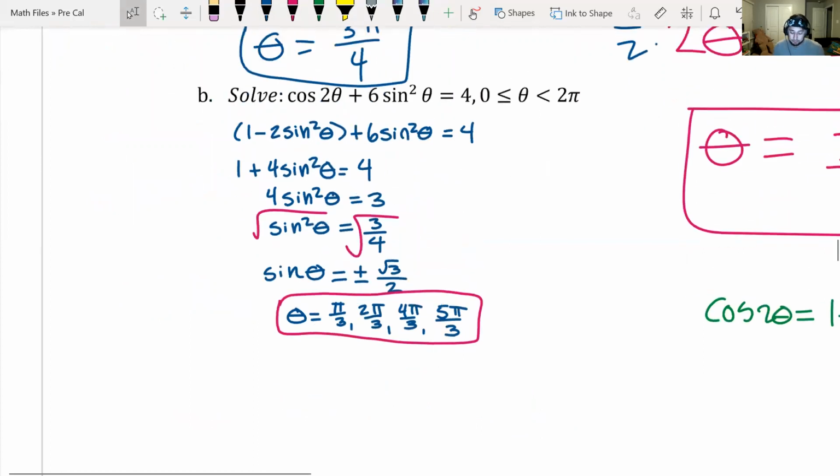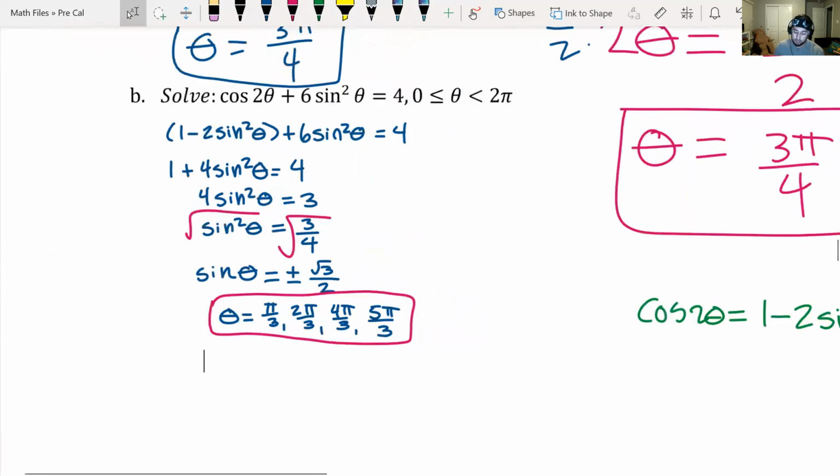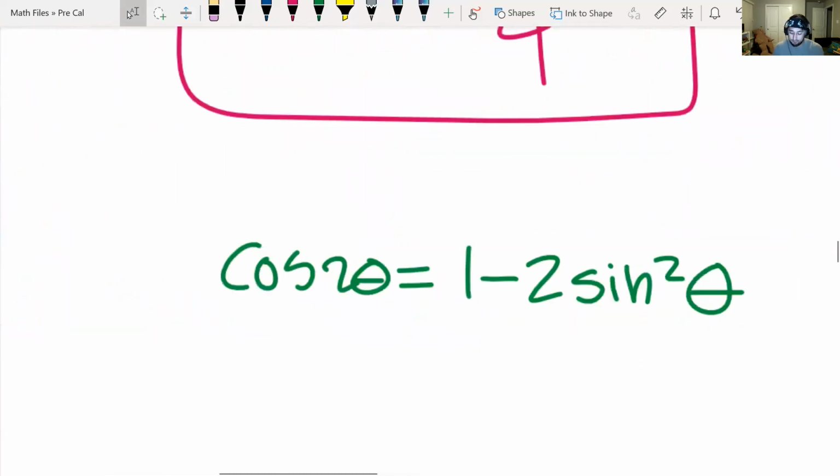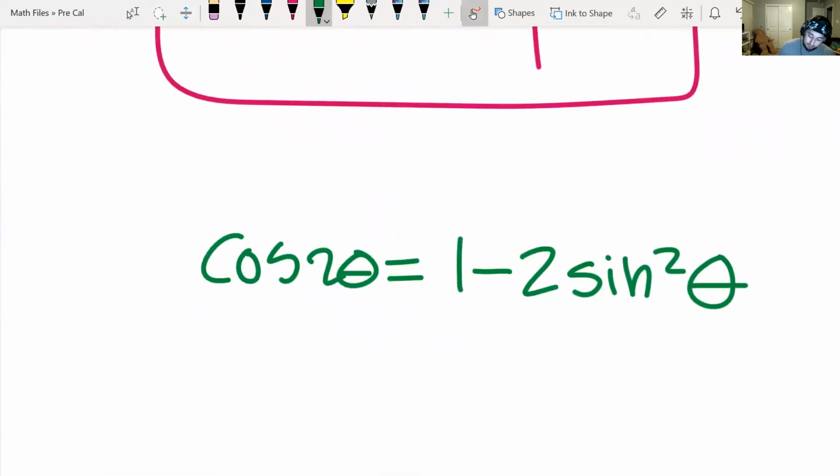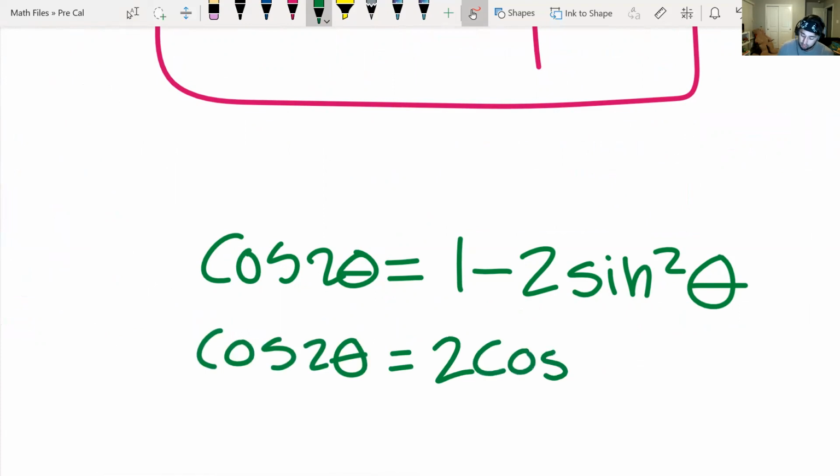All right. So that was putting it all in terms of sine. What if you wanted to put it all in terms of cosine? Well, then we would bring in another identity. We would say also cosine 2 theta is 2 cosine squared theta minus 1.